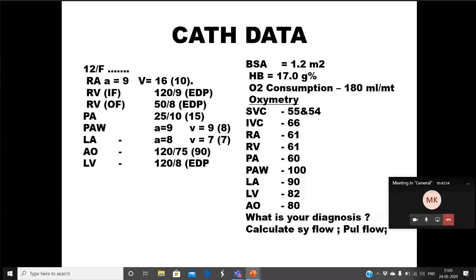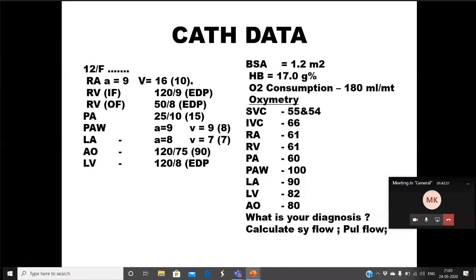Minus the oxygen content of the mixed venous sample. No, that will not give you that. You need not go for that. You can take up the arteriovenous oxygen difference. Yes, sir. What is arteriovenous oxygen difference? Sir, for that we need the mixed venous oxygen sample.